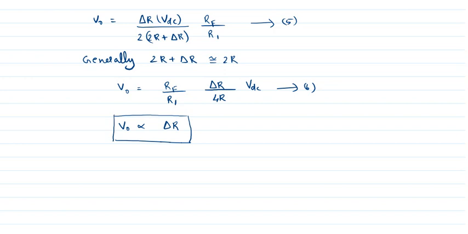So now we discuss the two applications that we use the transducer for. One of the applications is the temperature indicator. In dairy farms, usually we have to maintain a particular temperature for the dairy products.